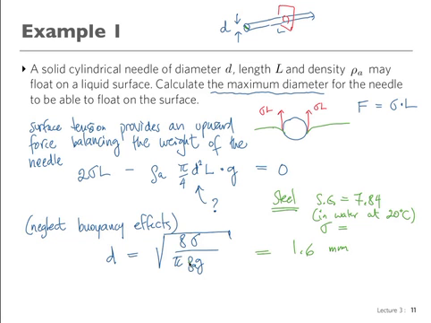Yes? The density, is that the density? This is the density of the needle, because this is the weight of the needle. But by giving you the specific gravity here, you would have to put rho equal to specific gravity times the rho of the water.